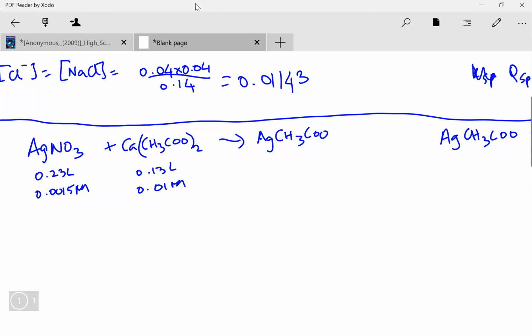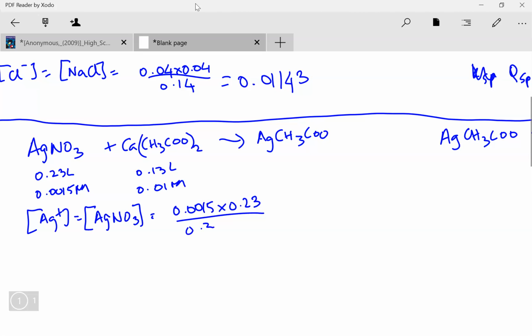And then let's calculate our concentration of silver plus. So the silver comes from my silver nitrate and therefore is equal to the concentration times the volume divided by the total volume, which is 0.23 plus 0.13.